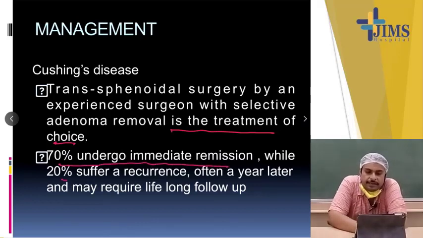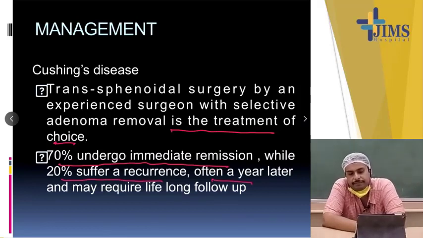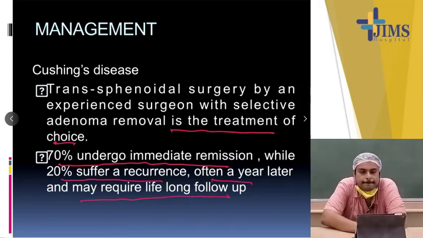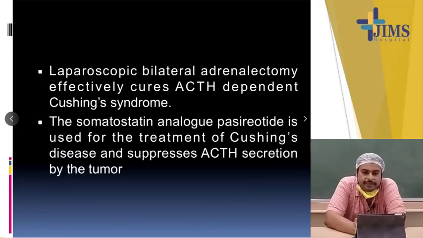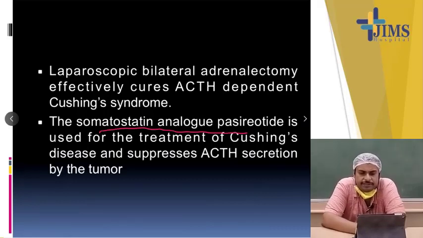In those patients, lifelong follow-up is required. Laparoscopic bilateral adrenalectomy effectively cures ACTH-dependent Cushing's syndrome. And regarding the medical management, there is a somatostatin analog, pasireotide. It is used for the treatment of Cushing's disease, and it suppresses ACTH secretion by the tumor.